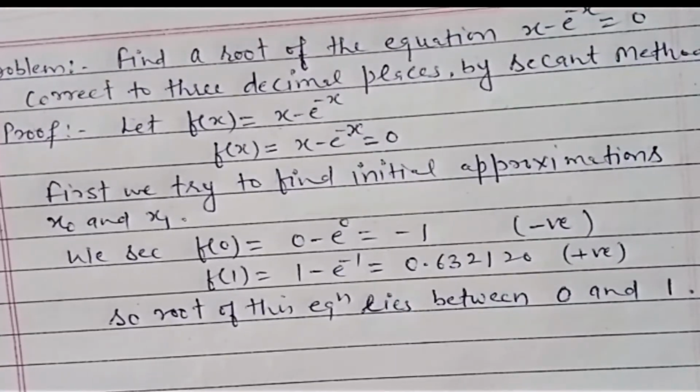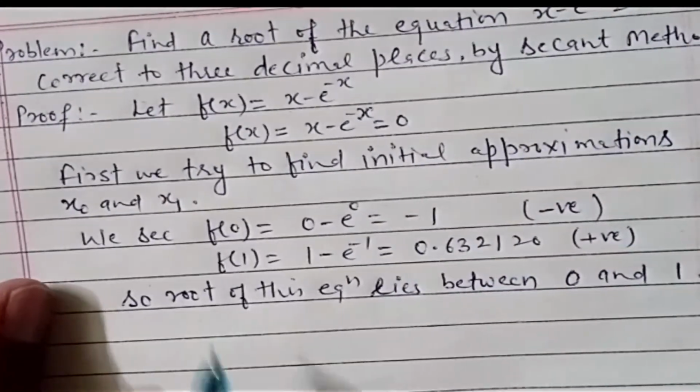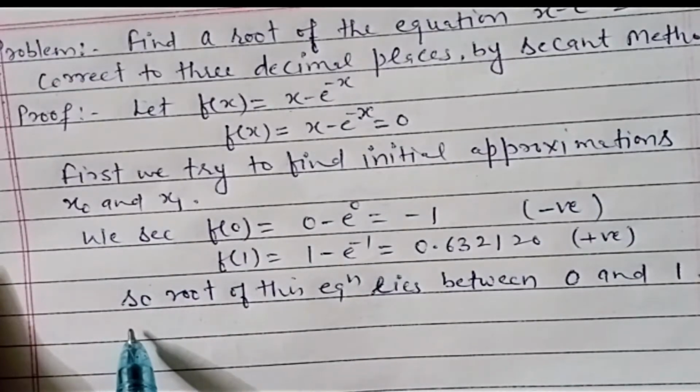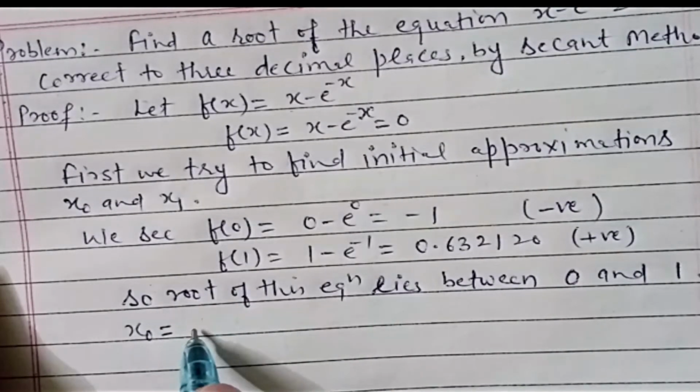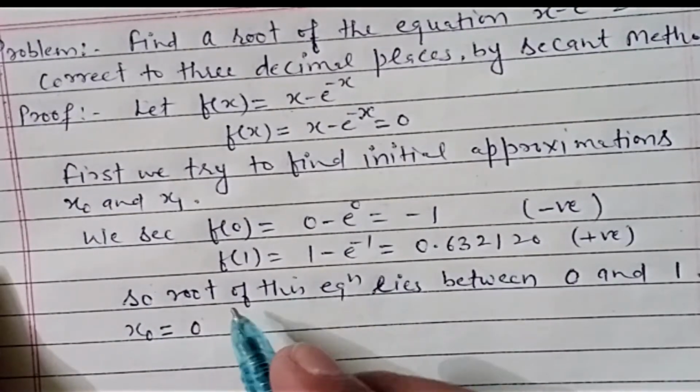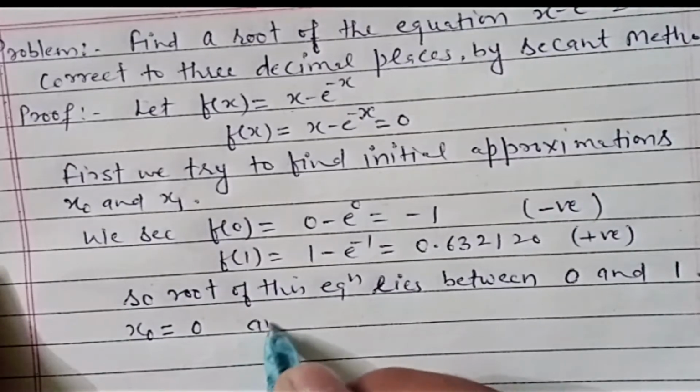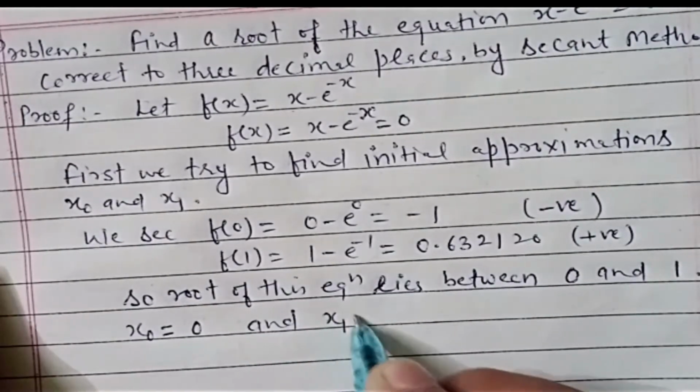So we can take initial approximations x0 is equal to 0 and x1 is equal to 1.